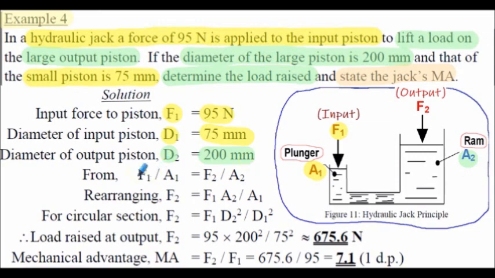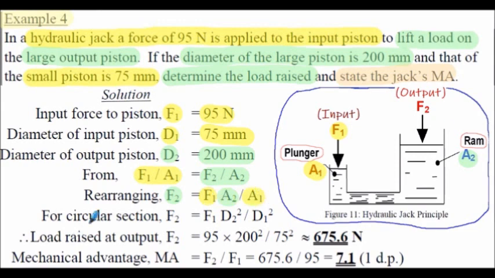So we know from our previous derivation that F1 divided by A1 is equal to F2 divided by A2. We've got to determine the load raised, that's the output load, F2. So to rearrange for F2 we multiply both sides by A2. So F2 is equal to F1 A2 divided by A1.